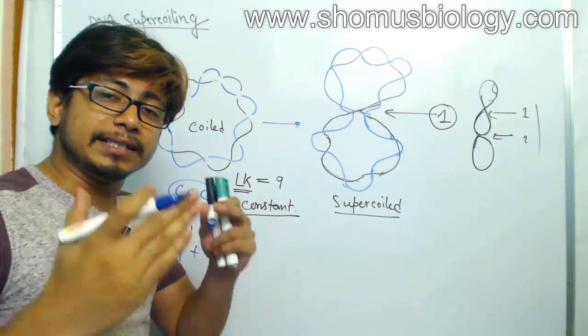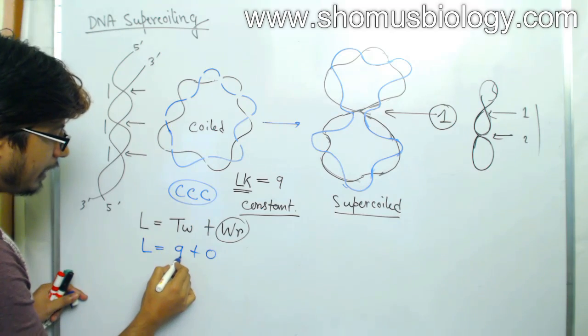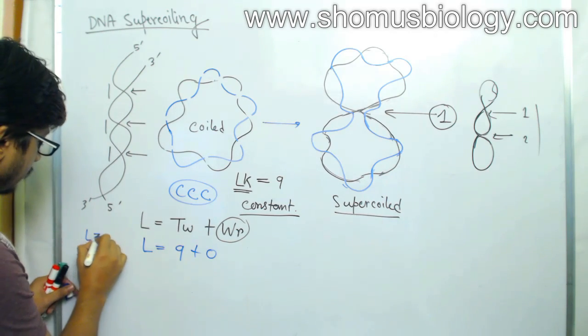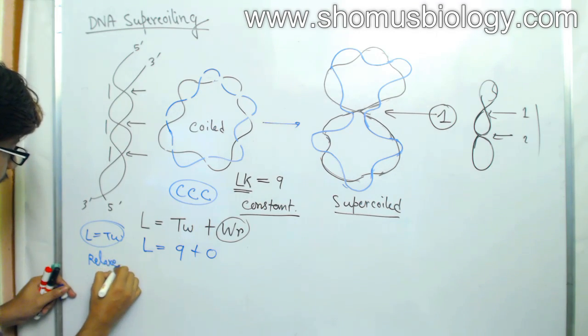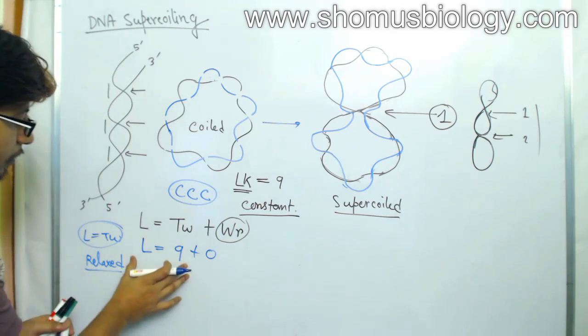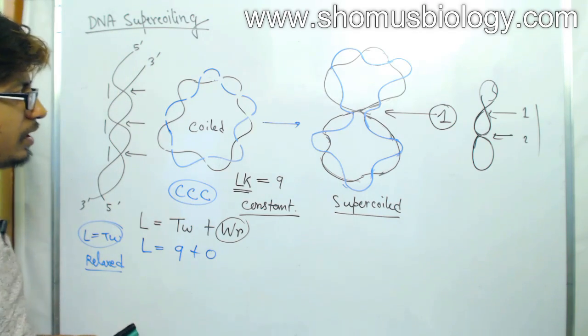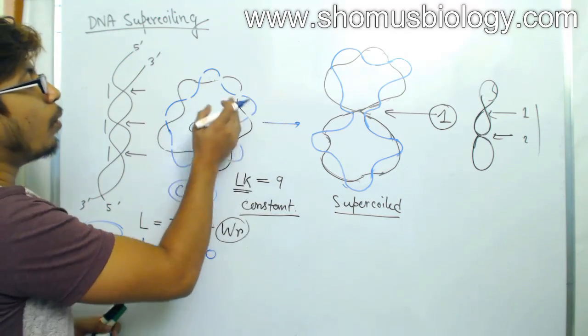If it contains writhe, then only it means it's supercoiled. So now the writhe is 0. So the linking number and twist are equal for a relaxed state of the DNA which is present on a flat surface. So now L equals 9. Now what will happen if we have one writhe?